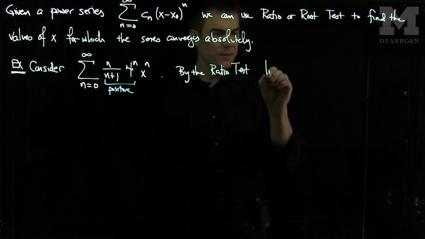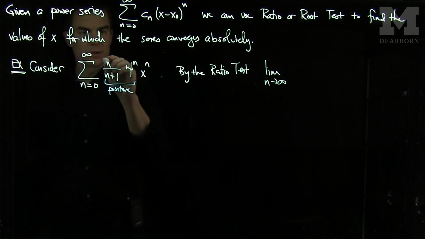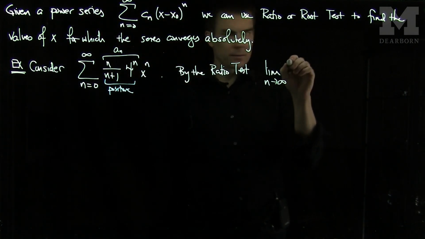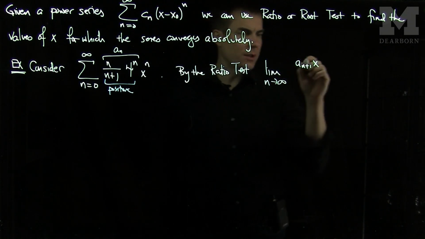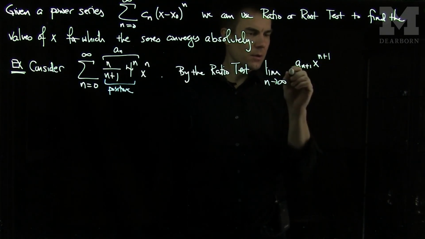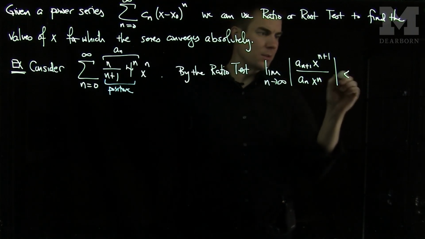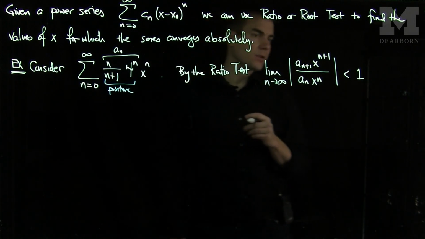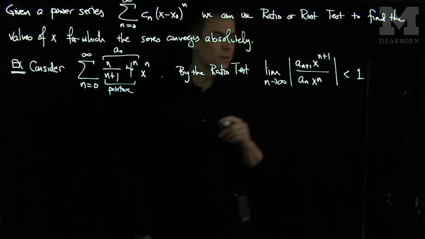By the ratio test, we want the limit as n goes to infinity of the absolute value of a sub n plus 1 x to the n plus 1 over a sub n x to the n to be less than 1 for the series to converge absolutely. This is the n plus first term, this is the nth term, and that's the ratio test.